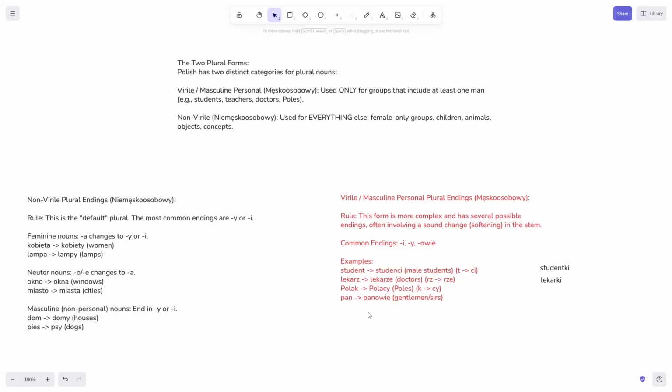When you have a Pole, like a citizen of Poland, in the singular, Polak. And in plural, Polacy. So in general, when talking about our whole population, you can talk about Polacy because it usually involves men. But if you want to talk about women, then you have Polki.